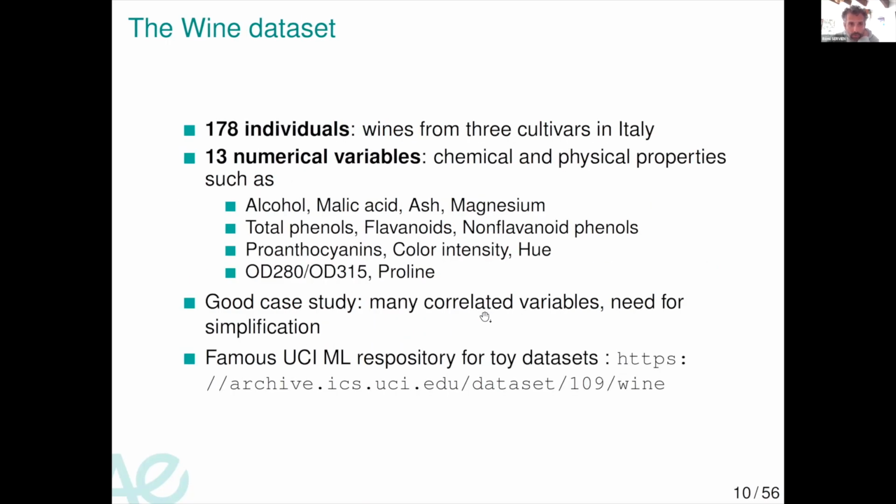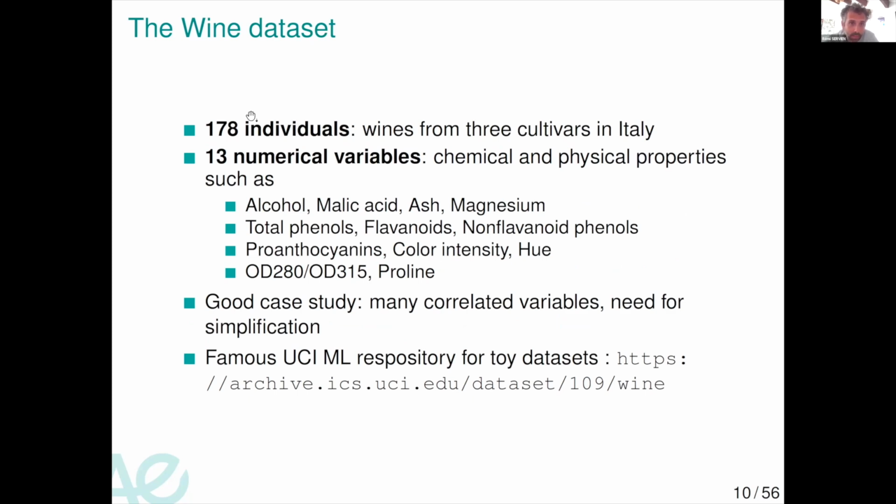So for the example, we have a data set that is called the wine data set. It's a very common data set that is already implemented in R, for example, so everybody could use it as an example.